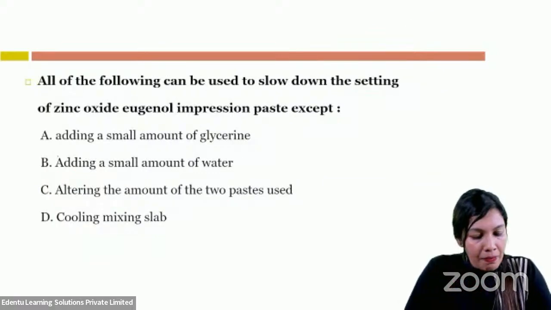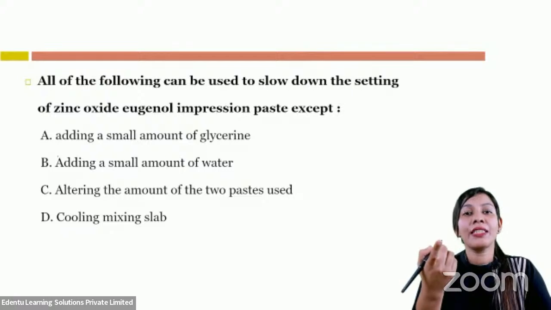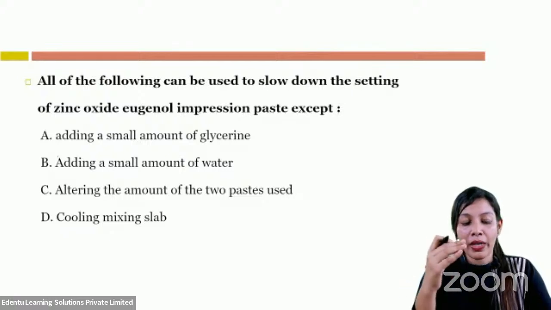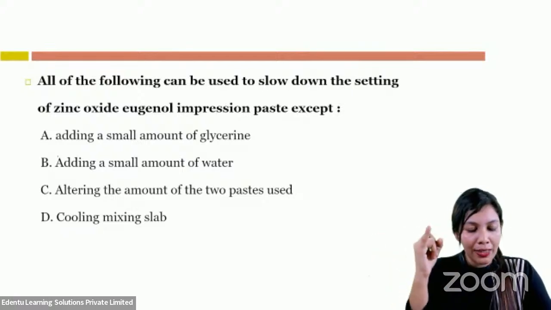See the question. All of the following can be used to slow down the setting reaction of zinc oxide eugenol paste, except. So what was the question that was asked? How to slow down the setting reaction. First, as I said earlier, we can cool the glass slab, one. Second is adding glycerin, two.